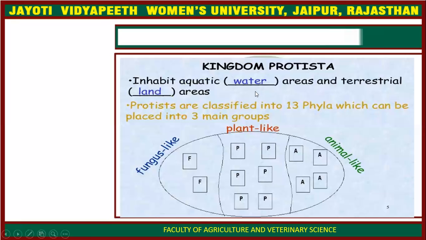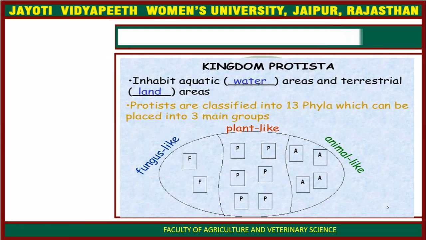Kingdom Protista inhabits some water and some land areas. They can be found in different regions. They are fungus-like organisms, plant-like organisms, and animal-like organisms.